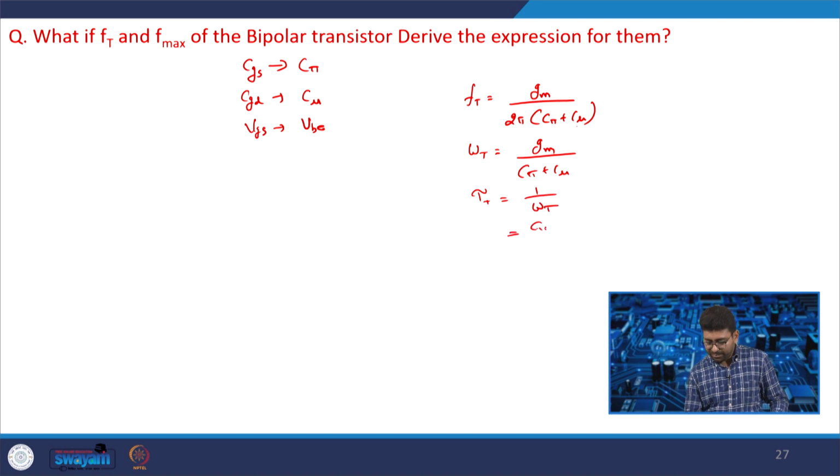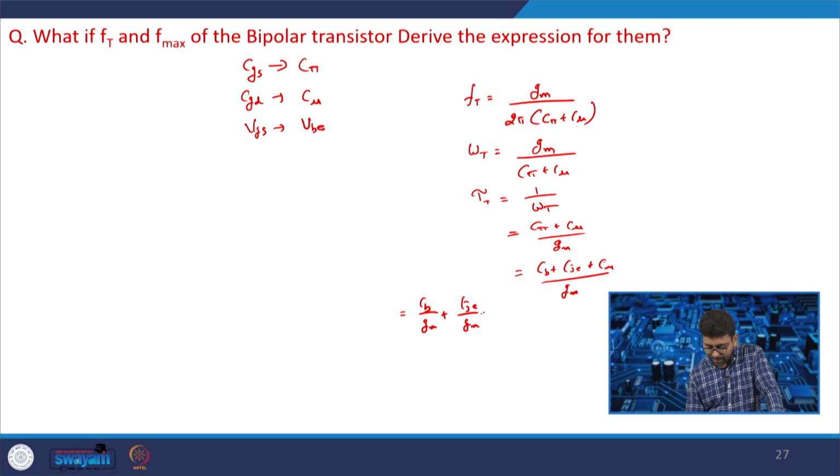So, we get (C pi plus C mu) divided by gm. This C pi is given by Cb plus Cje, plus C mu, all over gm. So, what you will get is Cb by gm plus Cje by gm plus C mu by gm.